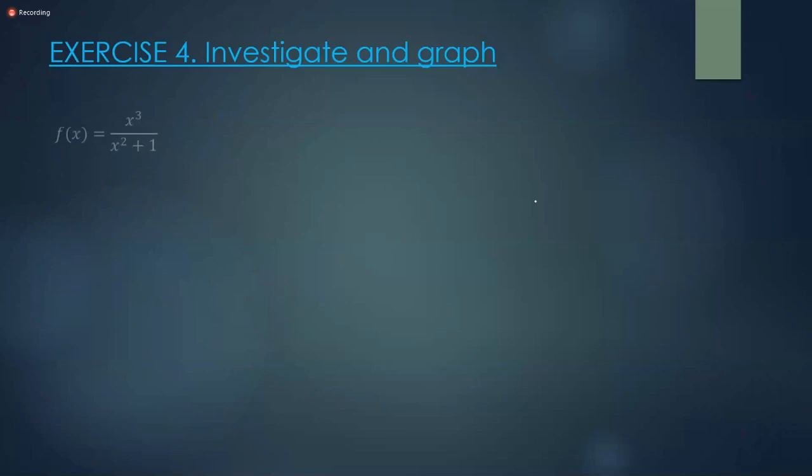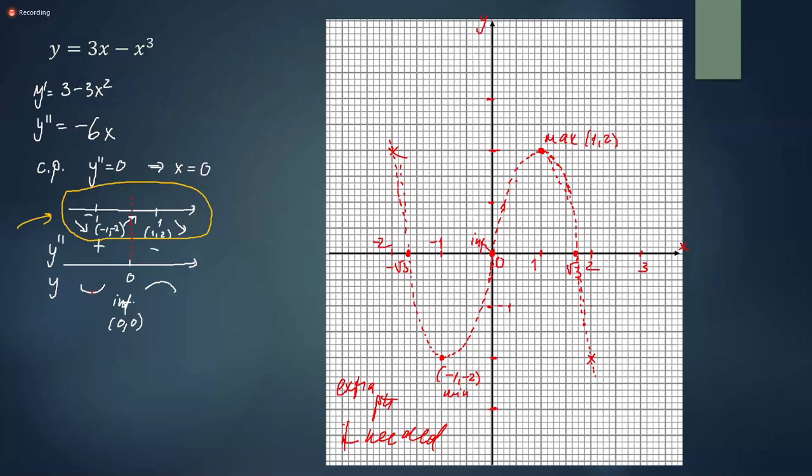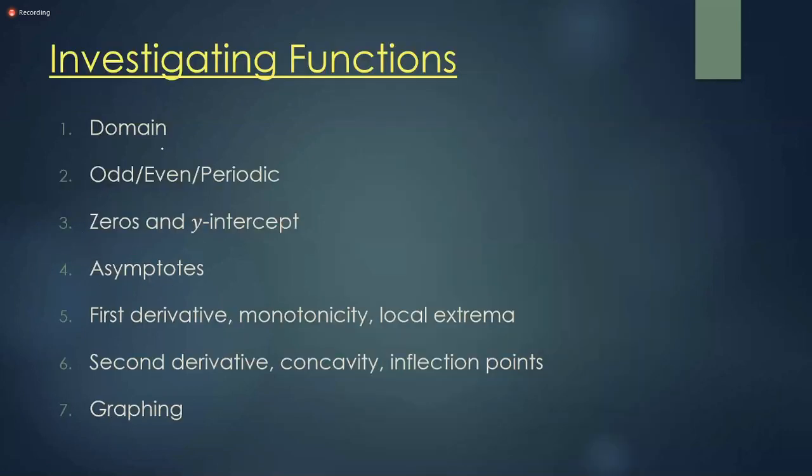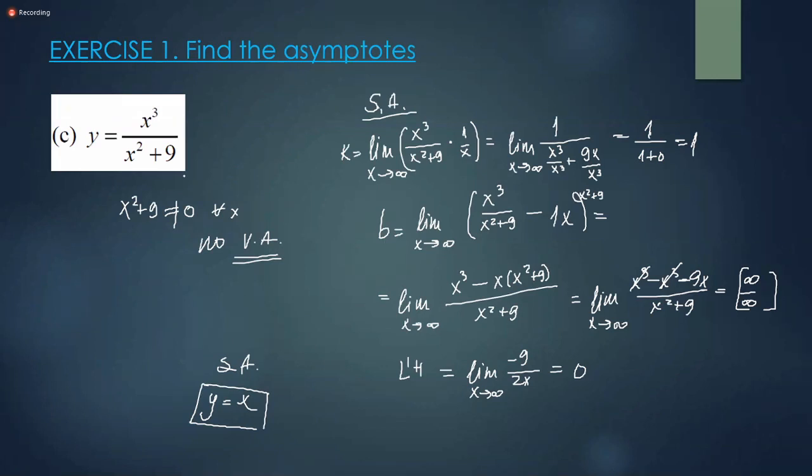And finally, the last graph for today, very similar to what we had, if not the same, I think. The asymptotes are something that we already had. Let me just check and go back. Asymptotes, we had 9, we didn't have 1. We had 9, not 1. But the asymptotes, of course, can be found in a very similar way.